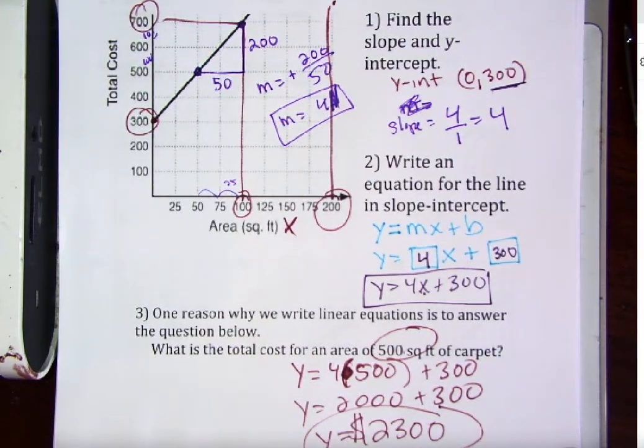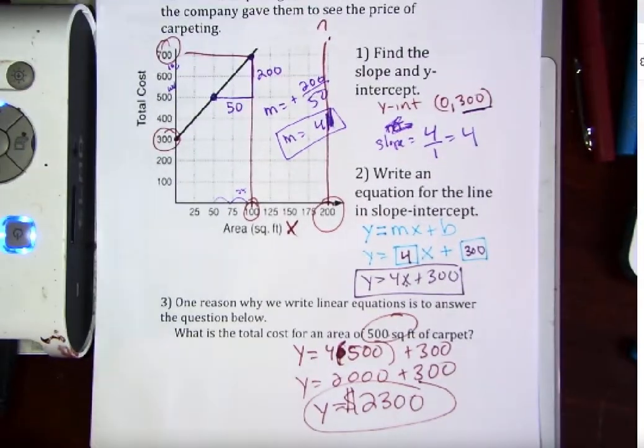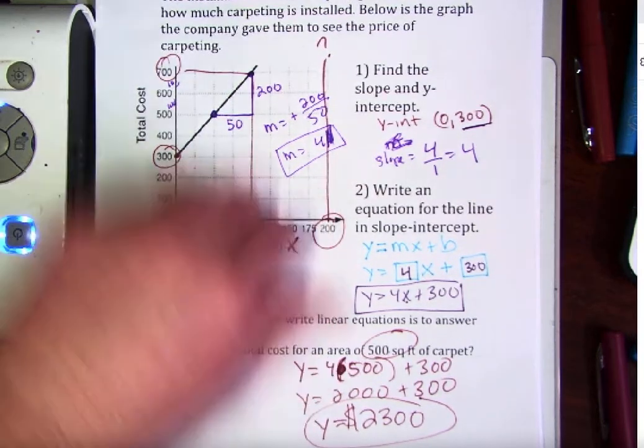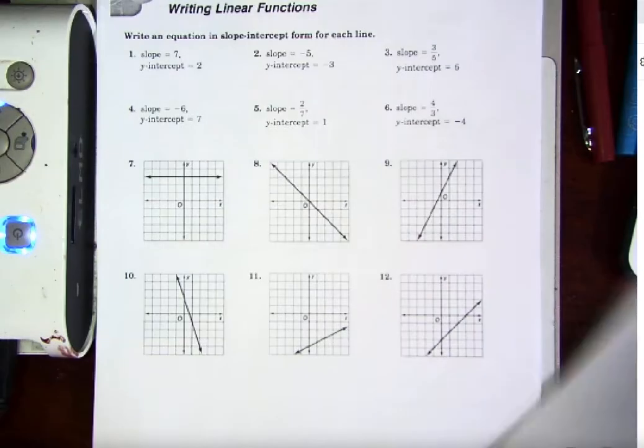We could do that for any size of room. That's one positive about the equation: once we have it written, we can find any amount. Maybe the equation isn't given to customers, but the owners of the carpet company have an equation for their salesmen to use. They plug it in and it gives them a value. So we have a constant rate, and we can use it to find answers to questions that a graph might not show us.